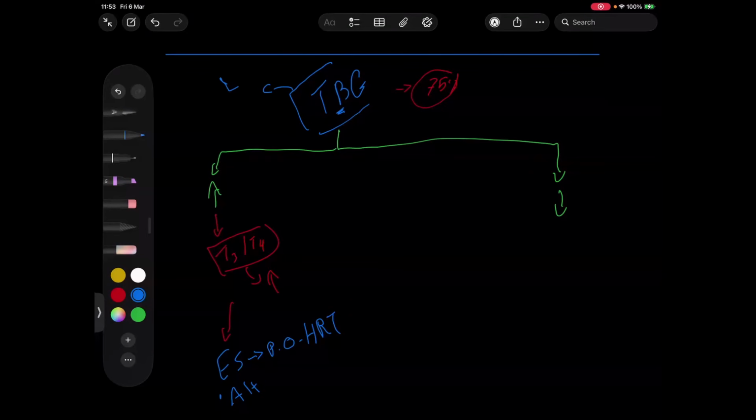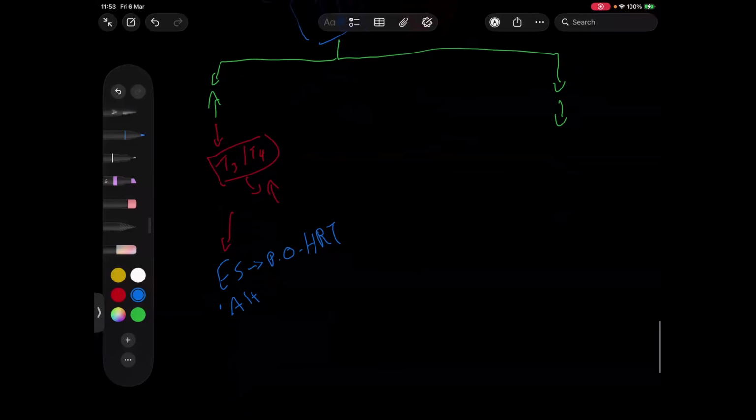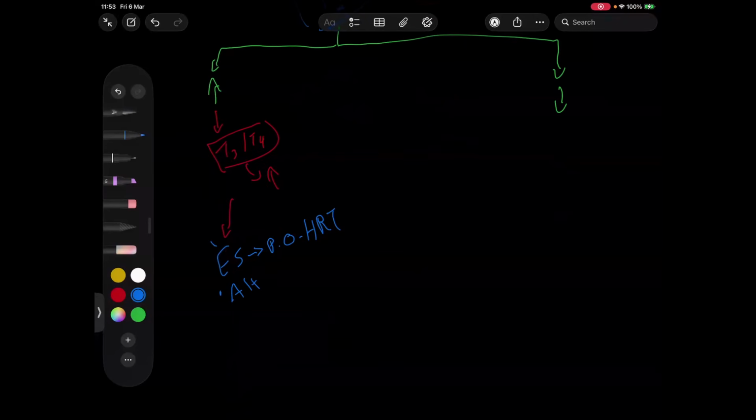Did you get it from where it came? Yes. Estrogen. Why estrogen? What is the estrogen effect on your liver? Liver metabolizes estrogen. So if estrogen is increased, it's going to affect your liver to increase the production of TBG.